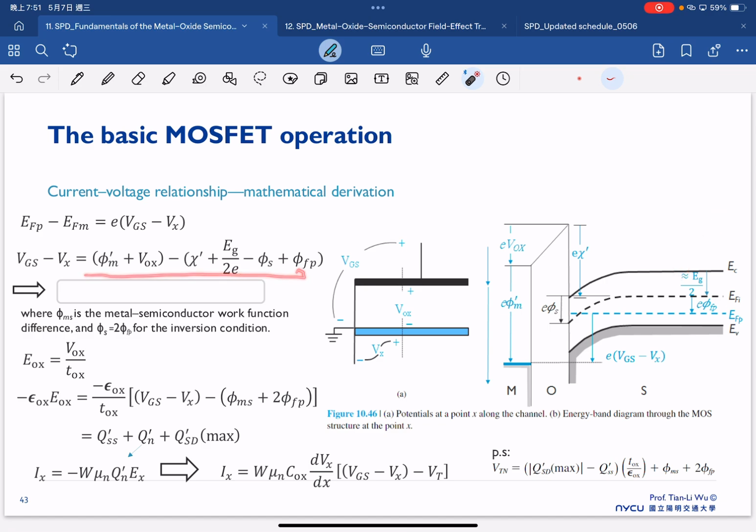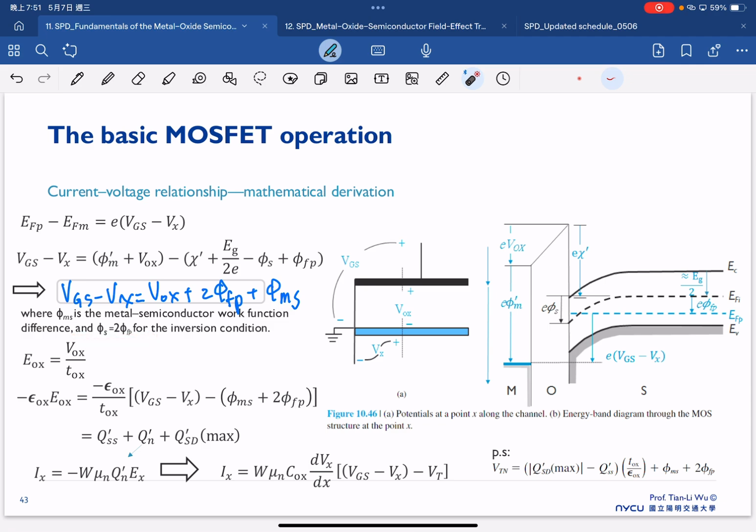Then we have VGS minus Vx equal to Vx plus 2 phi FP plus phi ms, where phi ms is the metal work function, and phi s equal to 2 phi p is the consideration of the inversion condition.